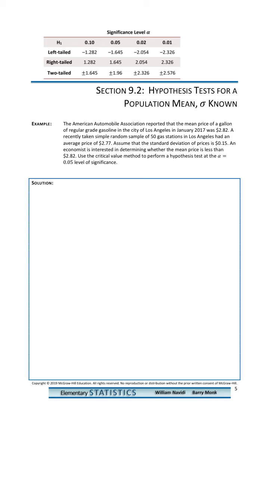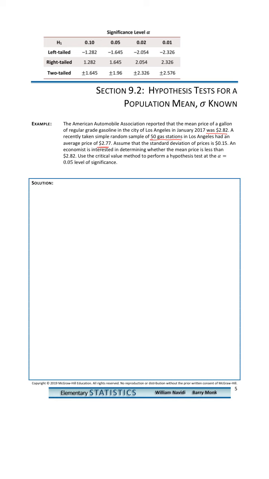Let's look at this example. Read the question. The mean price of a gallon of regular grade gasoline was 2.82. A recently taken simple random sample of 50 gas stations has an average price of 2.77.